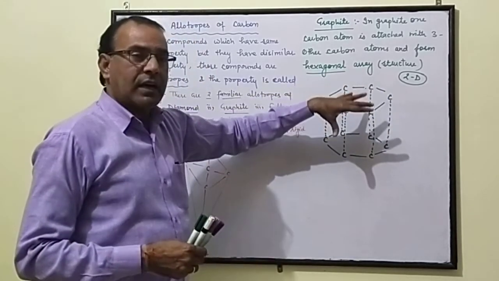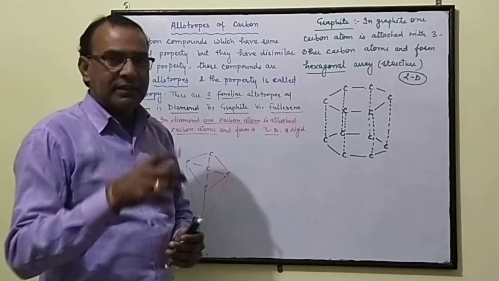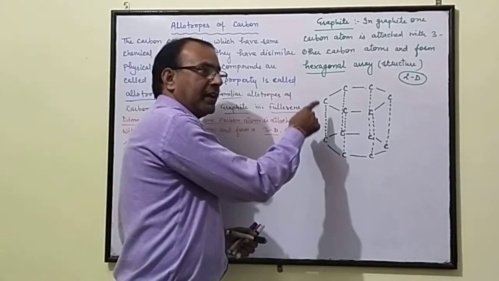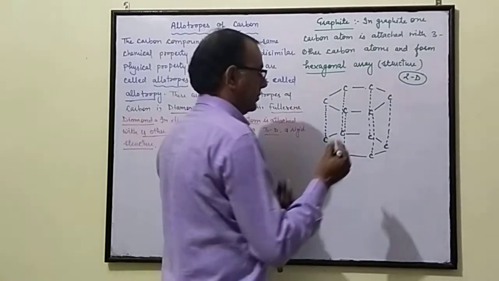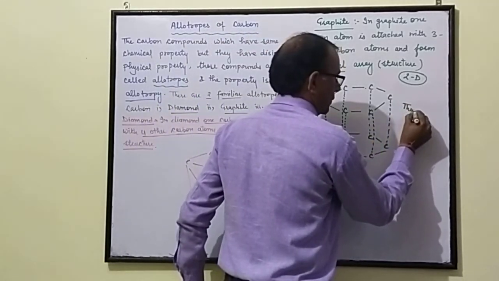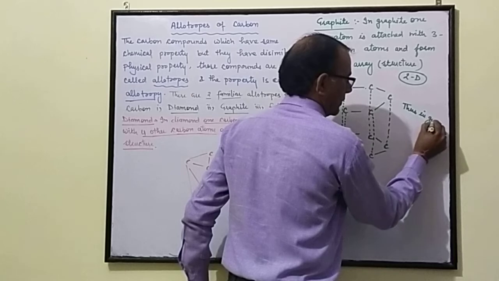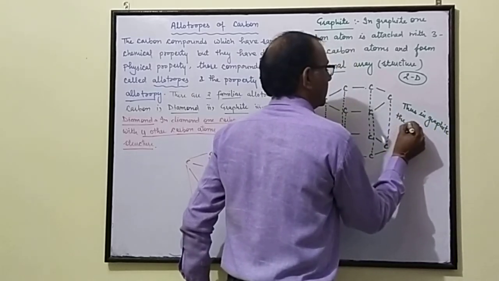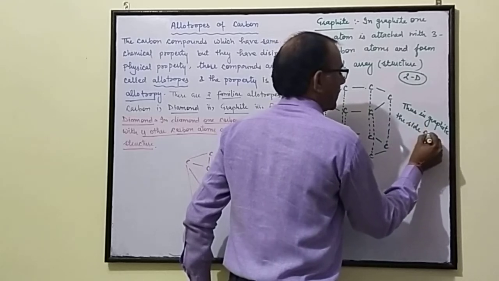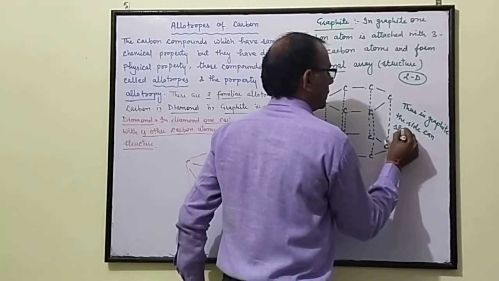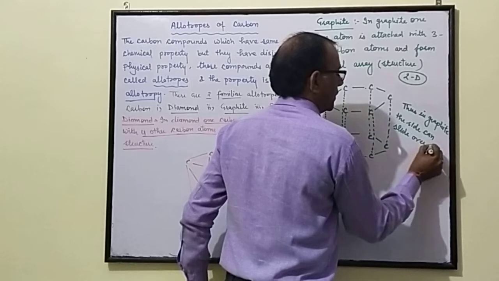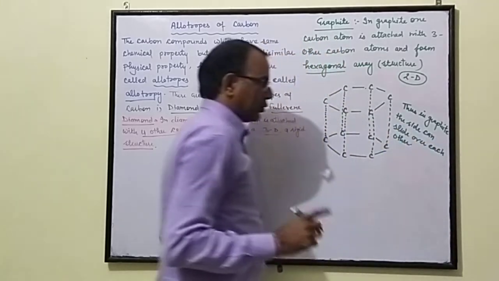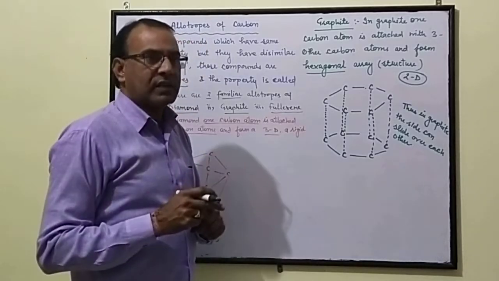इसमें एक कार्बन 3 से, it means one side is left open, so we can say that the sides can slide over each other. Thus in graphite the sides can slide over each other because one side is open. इसकी साइड्स दूसरे के ऊपर स्लाइड कर सकती हैं.